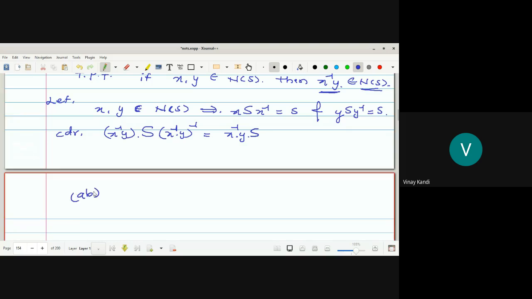(AB) inverse is equal to what? B inverse A inverse, right? Applying this rule, we get y inverse x inverse inverse. So this is equal to x inverse y S y inverse of inverse itself, x.